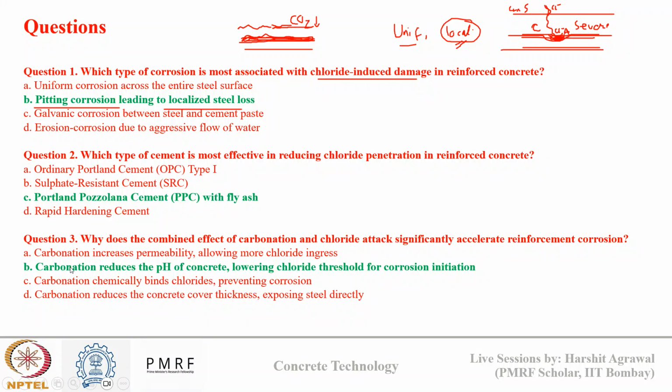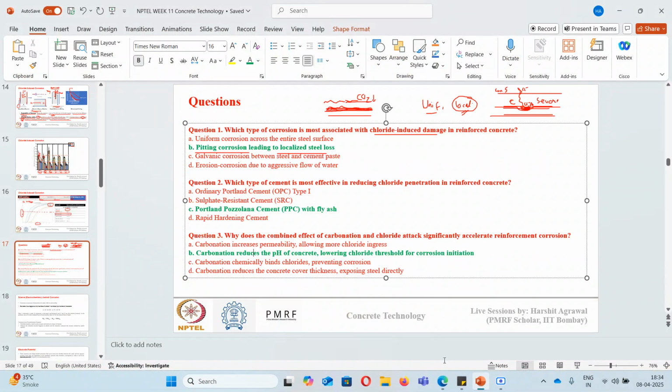So carbonation will lower the chloride threshold for corrosion initiation. The lower the threshold, the smaller the quantity of chloride that can initiate corrosion. So carbonation will decrease the time for corrosion initiation. This is how carbonation and chloride combined can significantly accelerate the reinforcement corrosion.